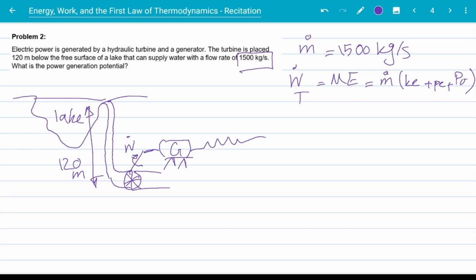plus the pressure energy. We don't have any information about the velocity of the flow, but as we showed in the previous problem, we can neglect the kinetic energy. We can also neglect the pressure because the flow again is not pressurized, and we are left with the potential energy only, which is g times h.